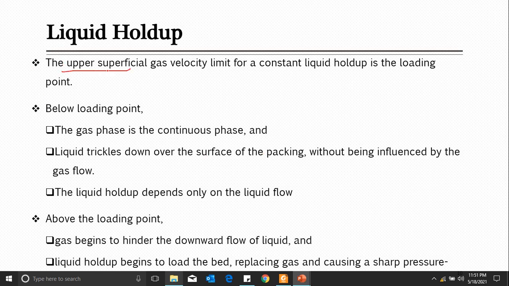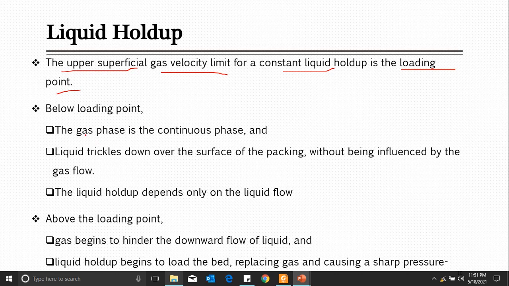The upper superficial velocity up to where it does not affect the liquid hold up is called the loading point, which we have seen with the dotted line, called the loading line. On any line it will be called a loading point.